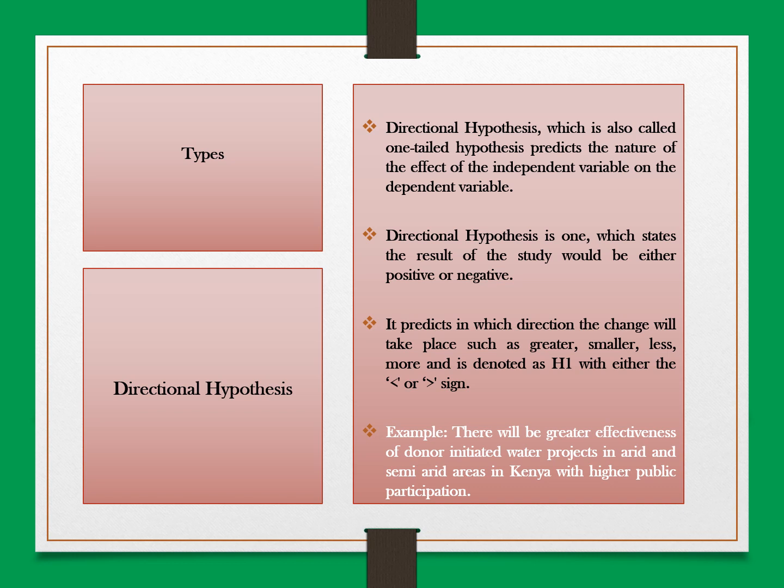For instance, there will be greater effectiveness of donor-initiated water projects in arid and semi-arid areas in Kenya with higher public participation. It is giving the direction that if the level of public participation is higher, then it has the potential of improving the effectiveness of donor-initiated water projects. In other words, a directional hypothesis signifies the direction in which the independent variable will affect the dependent variable.